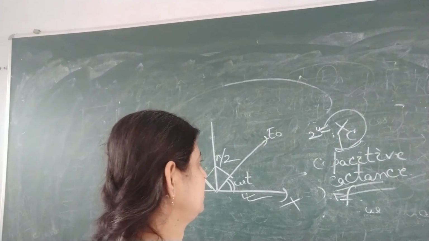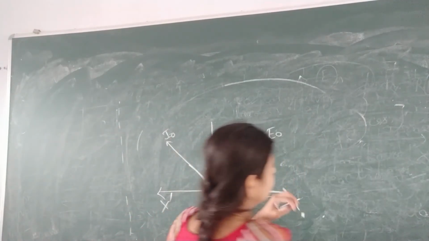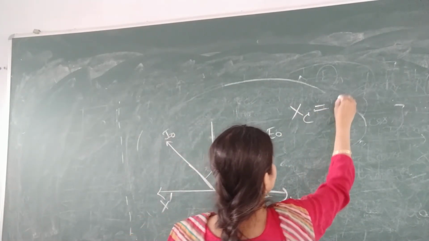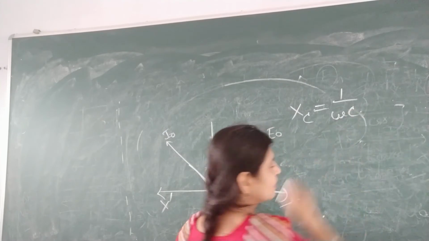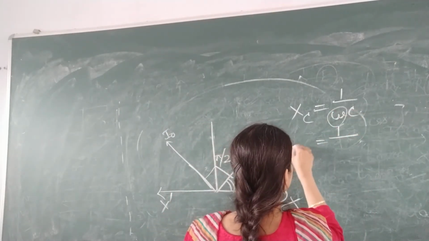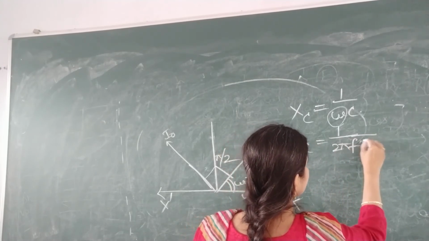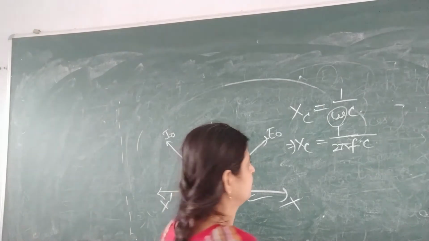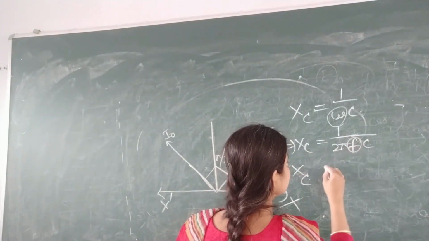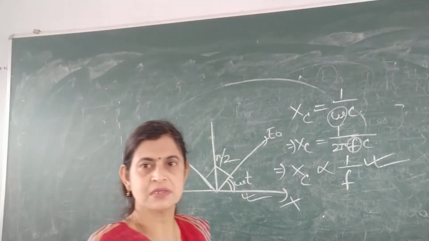Now, another important thing. In this derivation, we know XC is equal to 1 by omega C, or you can write down here XC is equal to 1 by 2 pi f C. That means XC is inversely proportional to your frequency.